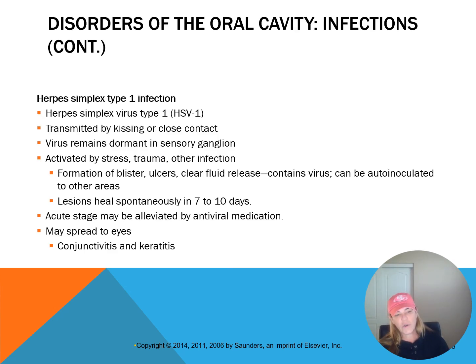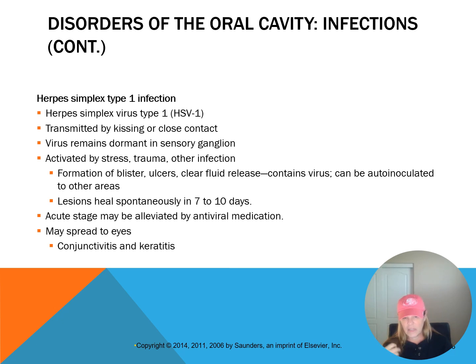Herpes. So herpes simplex infection is transmitted by kissing or close contact. It will cause an outbreak, but then it will live dormant in the sensory ganglia. So it's always there, ready to pop up again in times of stress or immune compromise or as you get older.